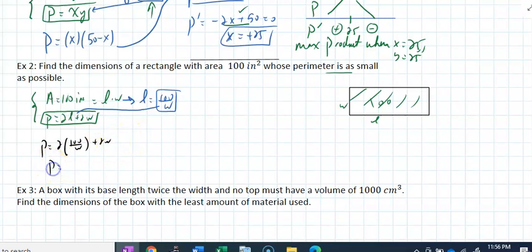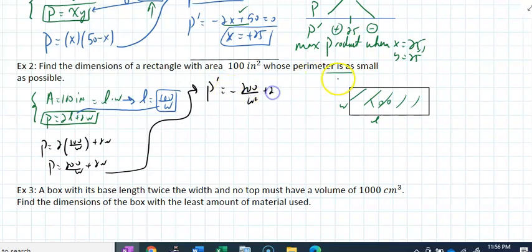So the perimeter is 200 over W plus 2W. And if I take a derivative, that will be negative 200 over W squared plus 2. So that will be negative 200 plus 2W squared over W squared.